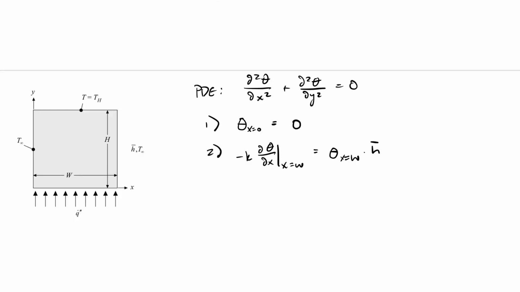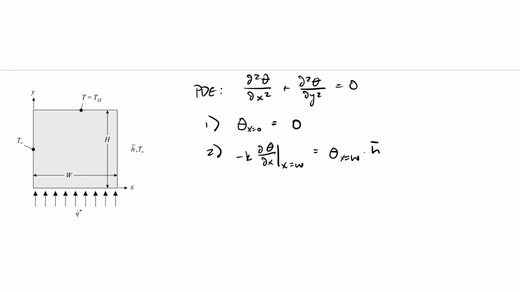Okay, this is now homogeneous, right? d theta dx is a function of theta, and what's on the right-hand side is also a function of theta. There's nothing left over that's not directly multiplying theta. So this is now a homogeneous boundary condition. Through this transform, we've created a homogeneous situation in the x direction.